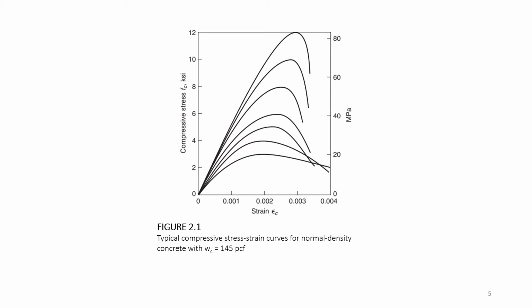This 0.003 strain will be required when we go for the design of beams and develop the formulas or relations for the structural design of concrete. So you must remember that the strain on average for concrete is 0.003. This is a point to be noted and memorized for the whole of your life.